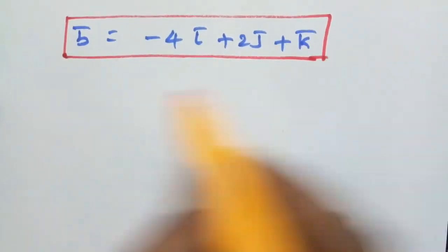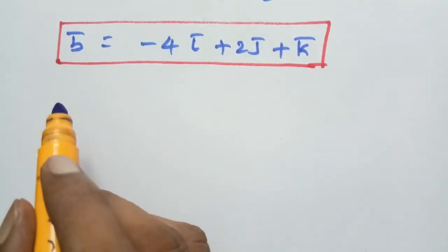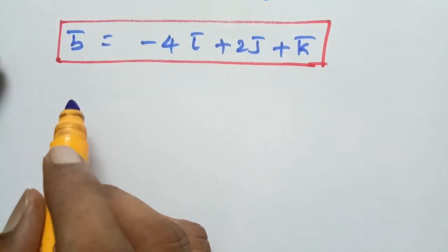As I explained earlier, the angle between the two surfaces at a point is the angle between the two normals of the surfaces at that point.